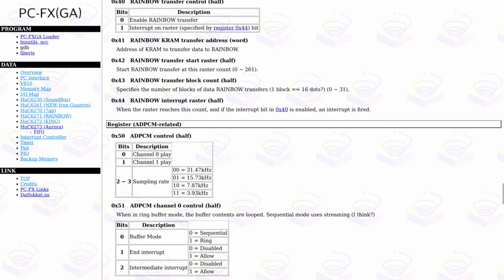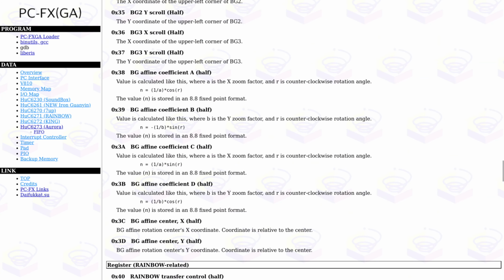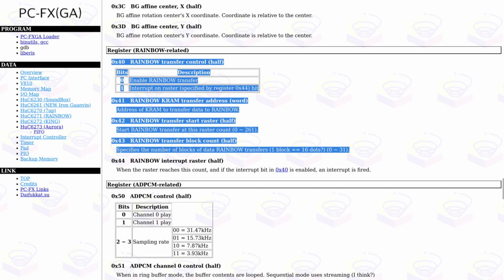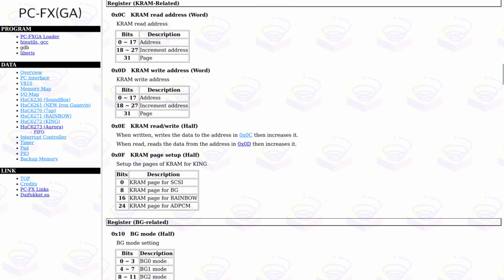Then you tell King where the Rainbow graphics are stored. I believe you may only need to set this once. You don't have to set it once per frame, although you could do that, I suppose. Then you basically should get it working that way.